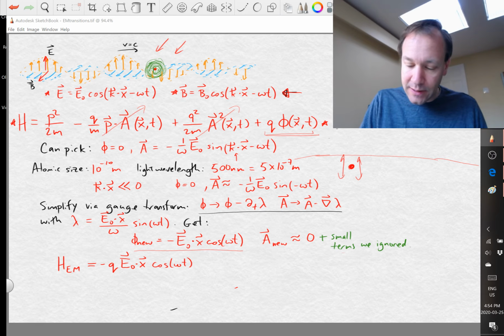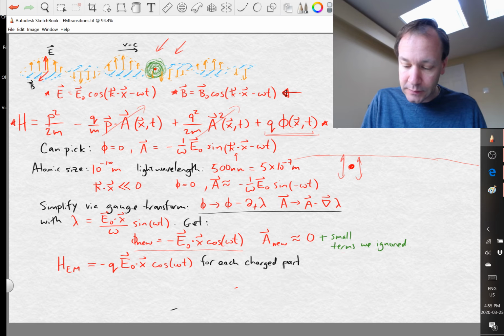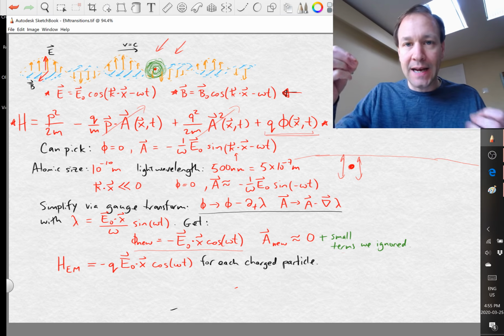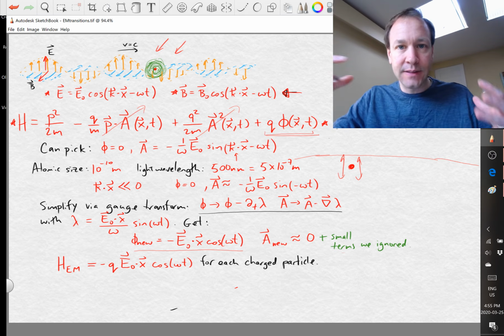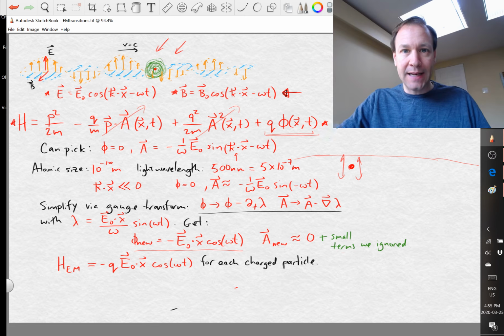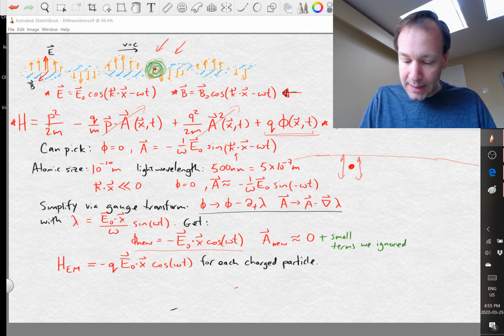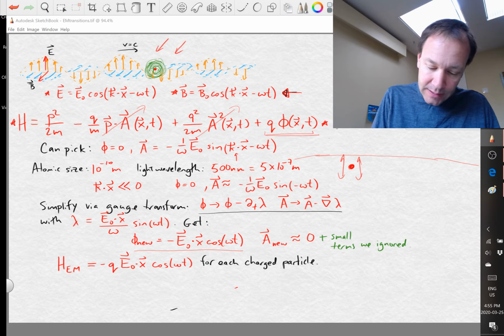And we have that term for each charged particle. So if we had several electrons in a molecule, we would be adding that term for each of those electrons, for example.